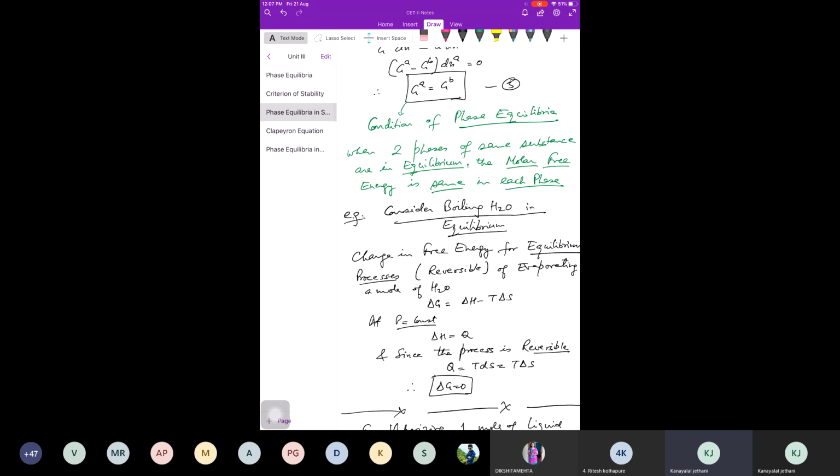So therefore delta G is equal to 0. Same thing, in another way we are showing that. So GA is equal to GB. Any questions on equation 5 and the subsequent part?